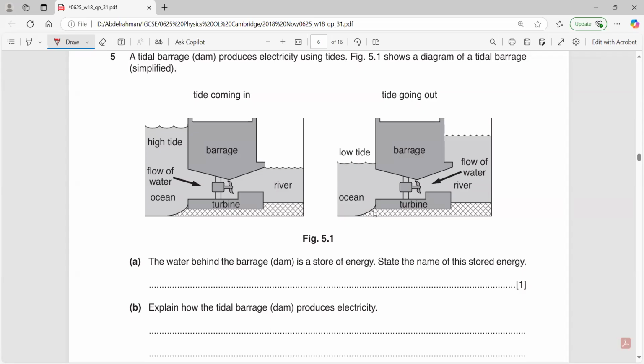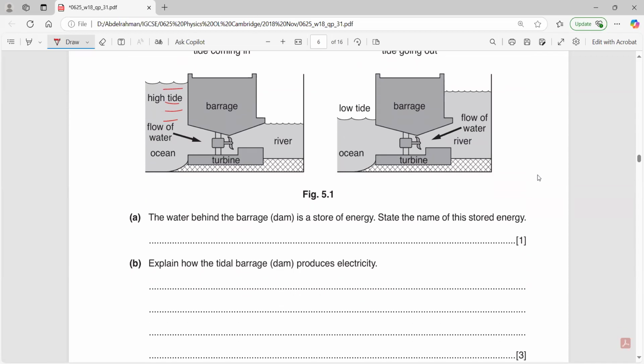As the level of the water rises, it becomes stored in a type of energy called gravitational potential energy. No, not kinetic. It's not moving yet. It's now stored as gravitational potential energy. This is the form of energy stored in it.